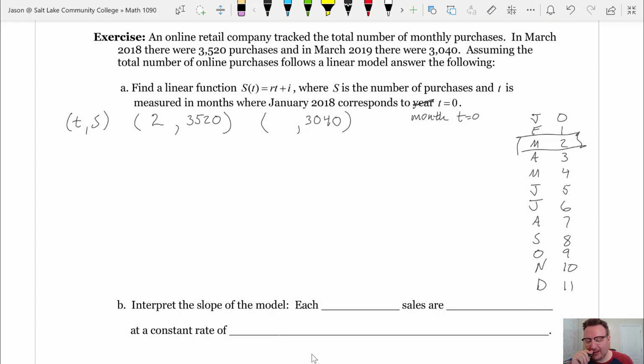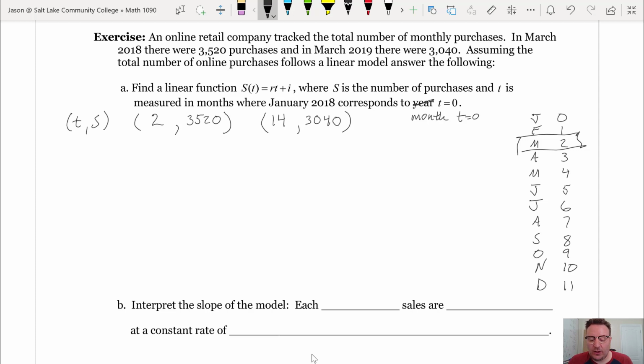So that's going to be 12 plus 2, or 14. So the number here we should use is 14. In other words, March of 2019 is exactly 14 months after January of 2018. Okay, so there's our 2 points.